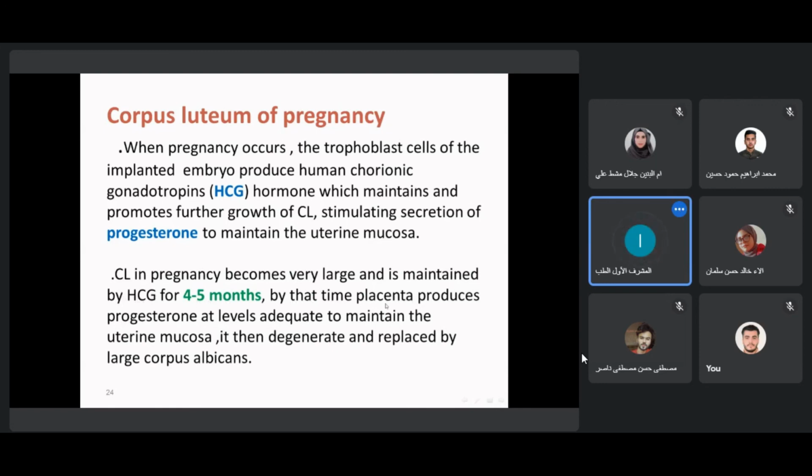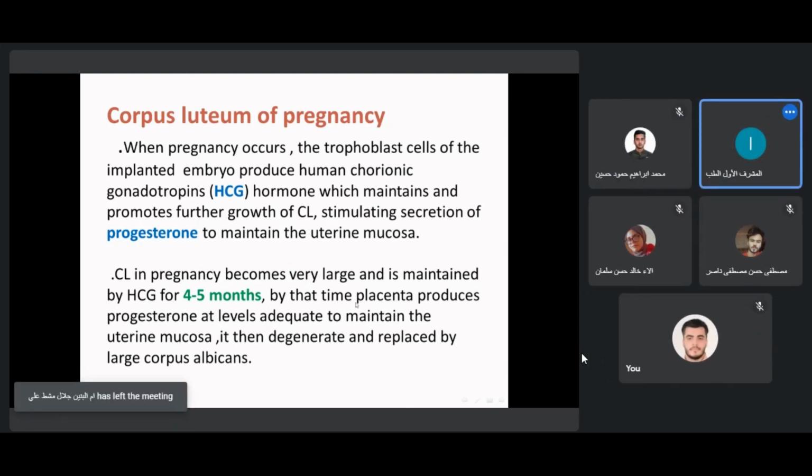After that, the developed placenta itself will start to produce progesterone. There's no need for HCG that stimulates the corpus luteum to produce progesterone. The placenta itself will produce progesterone that maintains the lining of the uterus from being shed.